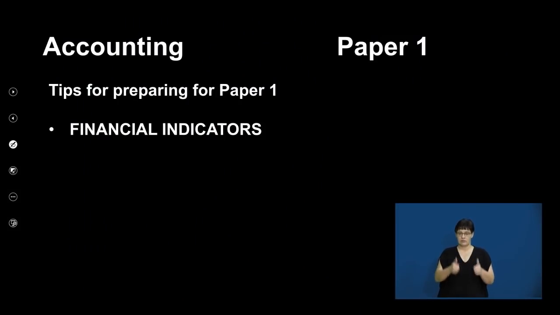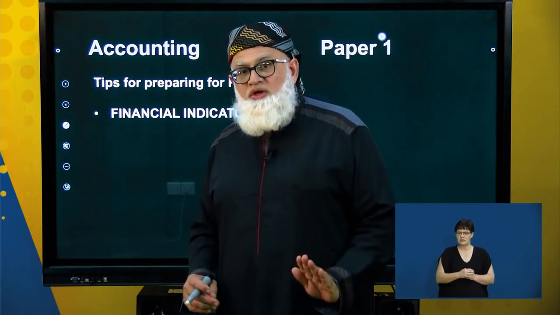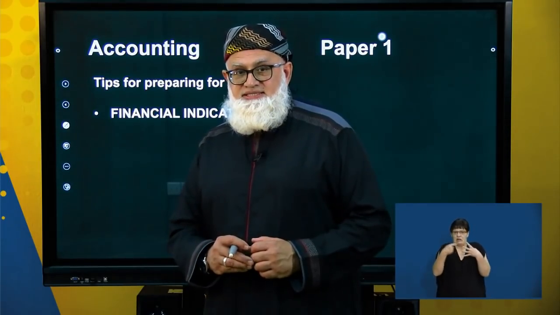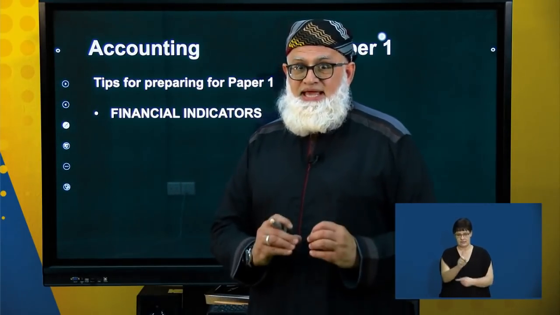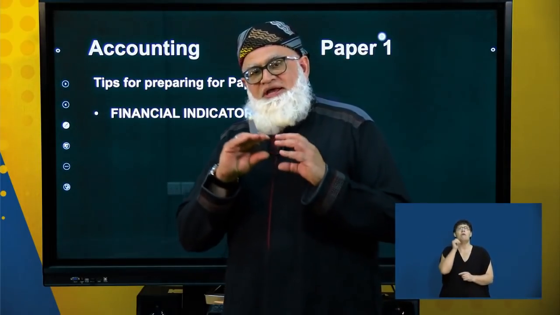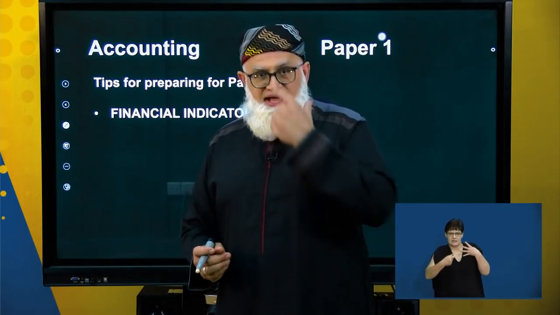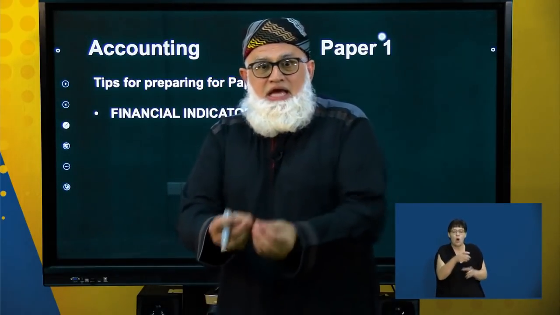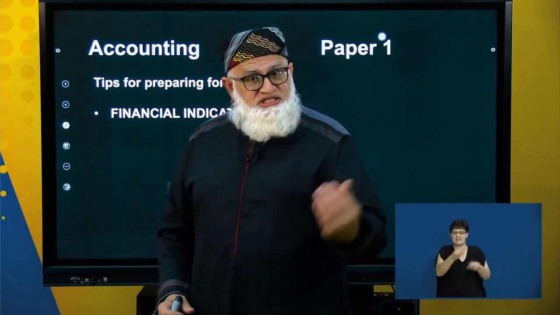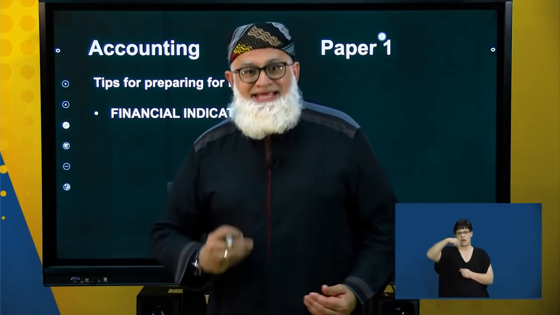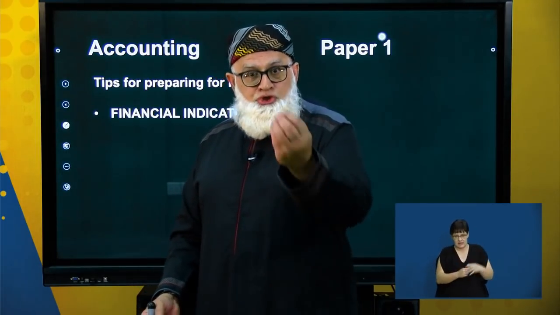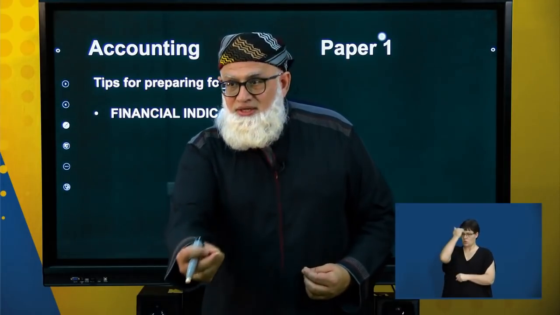Right? When it comes to your financial indicators, remember early on we said, you cannot walk into an exam room not knowing your financial indicators. Now once again, when we're talking about financial indicators, you will find examiners say, comment on the liquidity of a company. They're not asking you for a specific indicator. They're not giving you any indication. So therefore, you need to know which are your liquidity ratios.